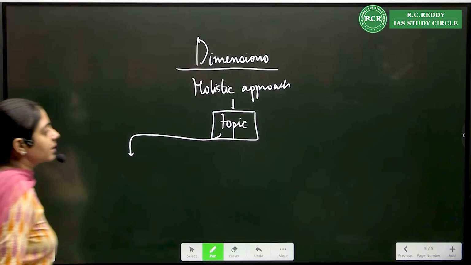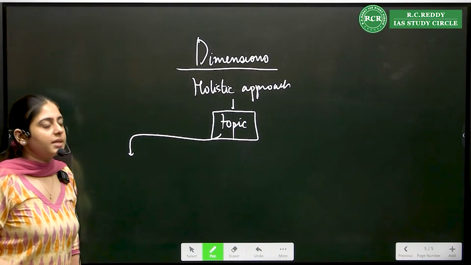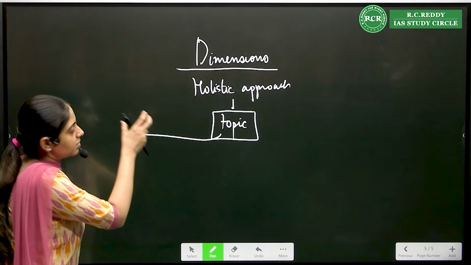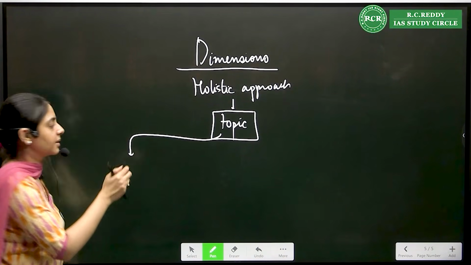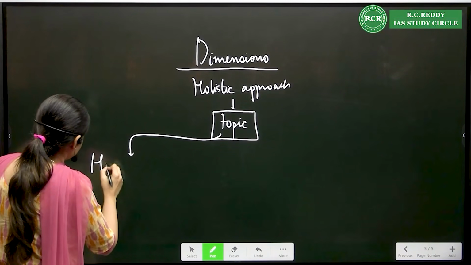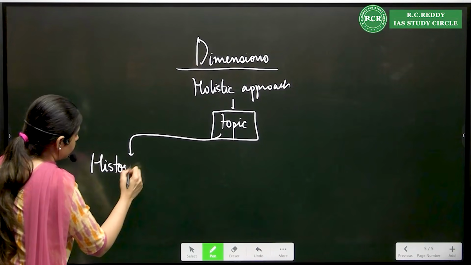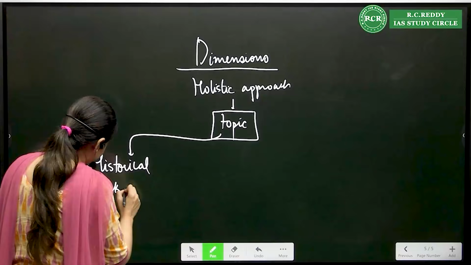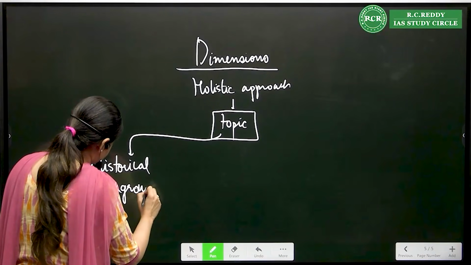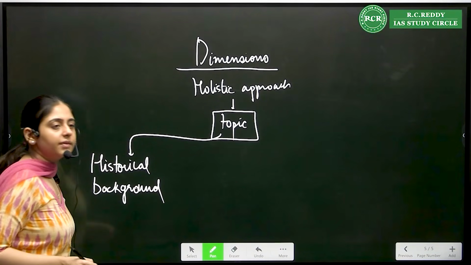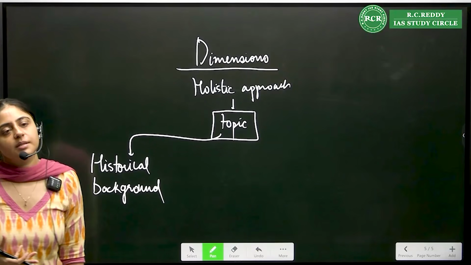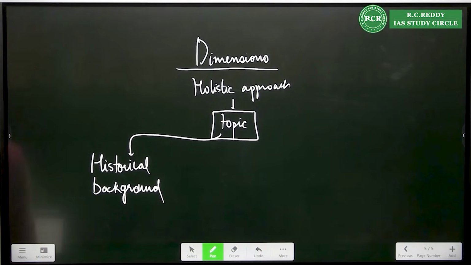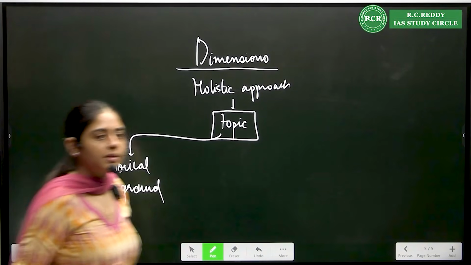So there, when you come to the body of the essay, you can start with the historical background. Even artificial intelligence has a historical background. Even if you talk about India and China, we had a historical background.